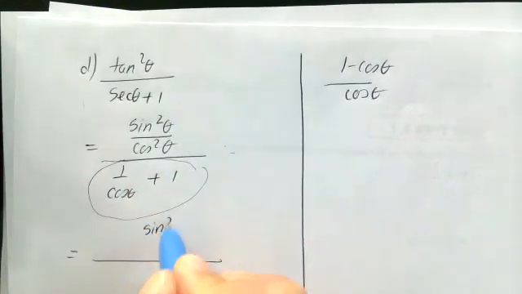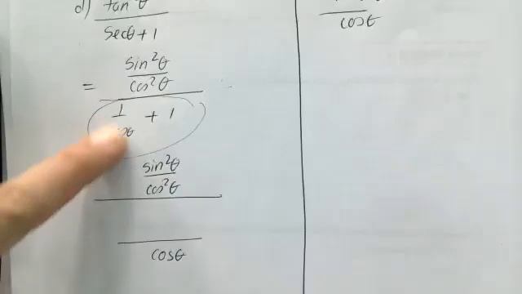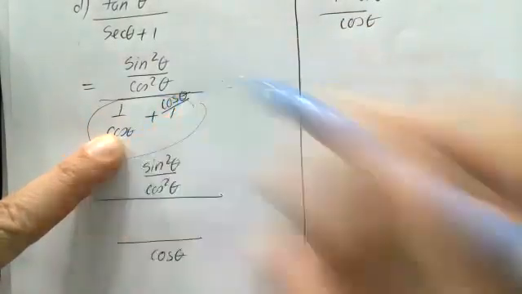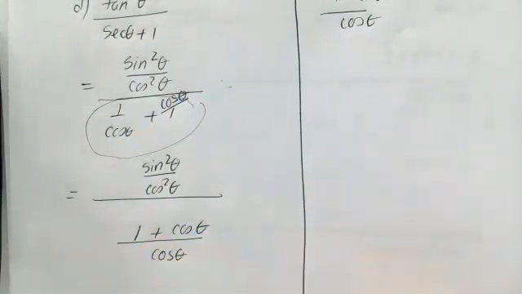At the top, I'm just going to copy the sine squared theta over cos squared theta, and then common denominator cos of theta. Nothing changes in the first fraction, but here you have to multiply by cos. So 1 plus cos of theta.